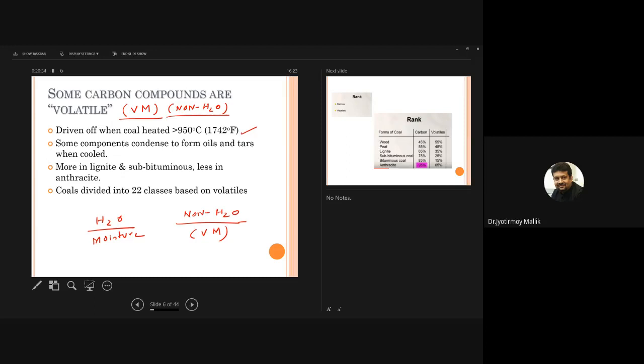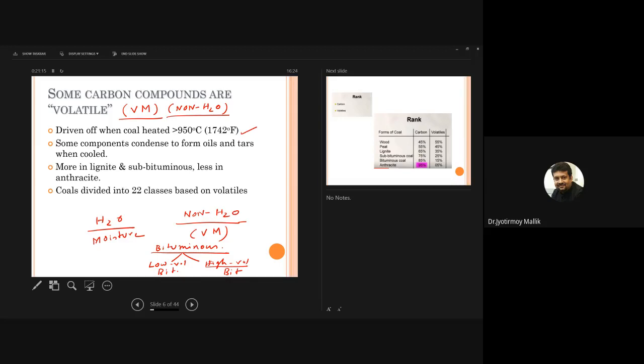So that's why bituminous is generally subdivided into low volatile bituminous and high volatile bituminous. Of course, high volatile bituminous is less matured than low volatile bituminous because with maturity, volatile matter content essentially decreases.